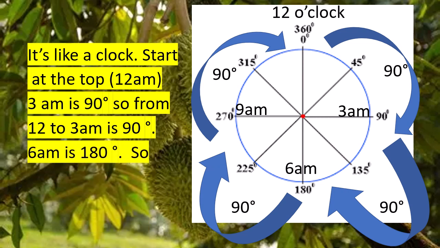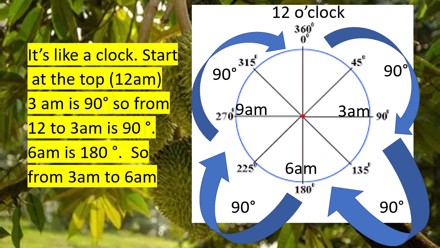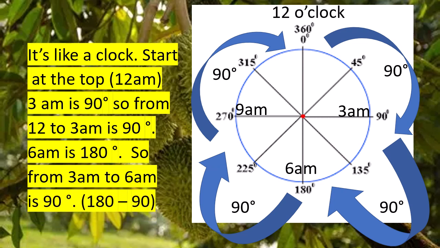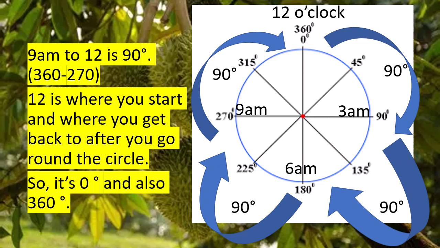6 a.m. at the bottom is 180 degrees from 12 o'clock at the top. So from 3 a.m. to 6 a.m. is 90 degrees. The 180 from 12 until 6 minus the 90 from 12 until 3. So 9 a.m. is another 90 degrees on from 6 a.m. So from 180 up to 270.